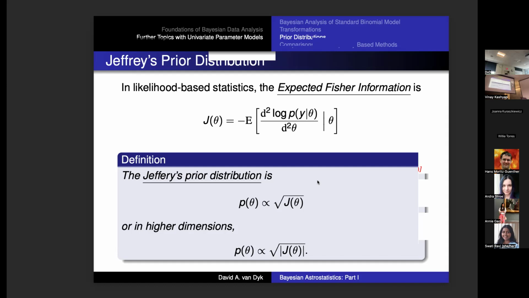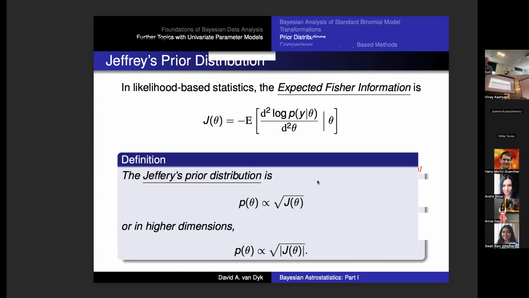This quantity comes up all the time in frequentist analysis when estimating uncertainties based on the likelihood function. Jeffreys uses it differently, but it's a standard quantity. He did a little mathematics and noted that if I make my prior distribution proportional to the square root of that thing, I get a prior that meets his criteria.